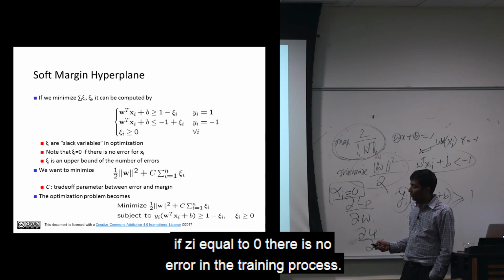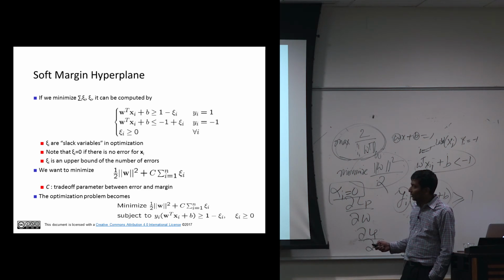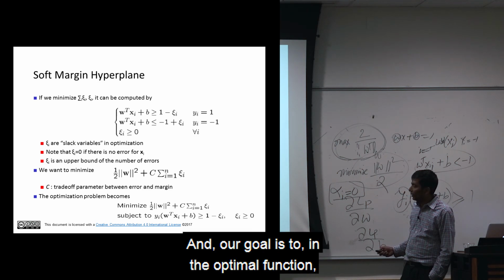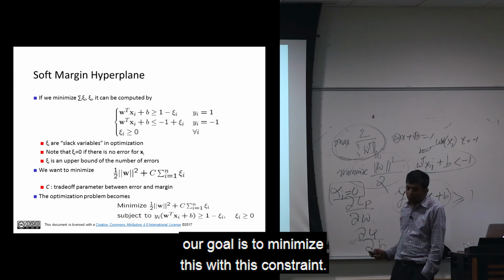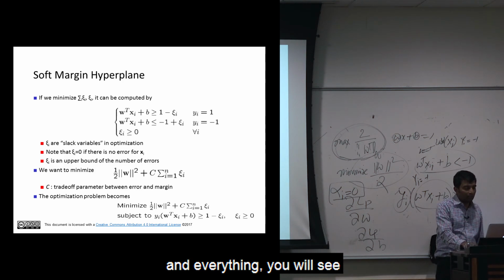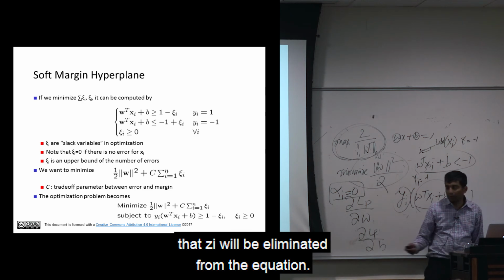In optimization, if xi equals 0, there is no error in the training process. Our goal is to minimize this objective, with this additional error constraint added. Then if you do the transformation and the Lagrangian multiplier simplification, you will see that xi will be eliminated from the equations.